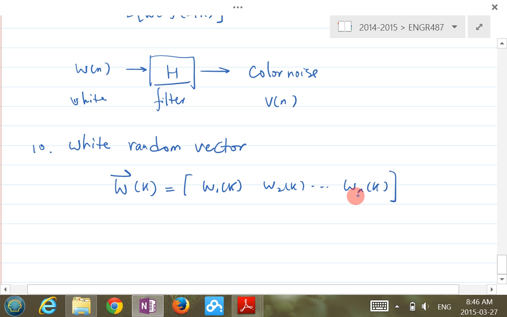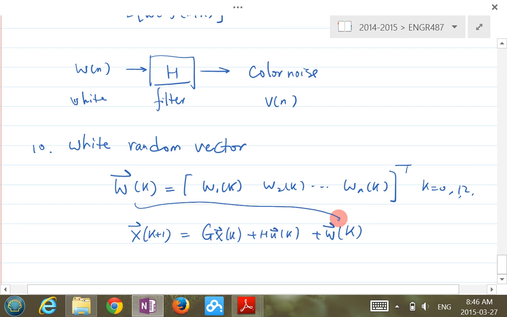This one here, with k equal to 0, 1, and so on, is basically the one that I just wrote down in the state space equation. That's the W we're talking about here. That's the noise.